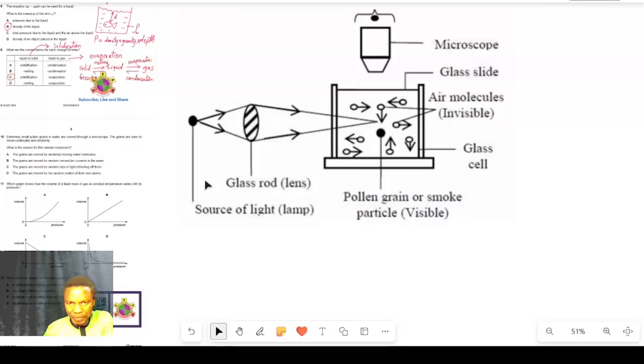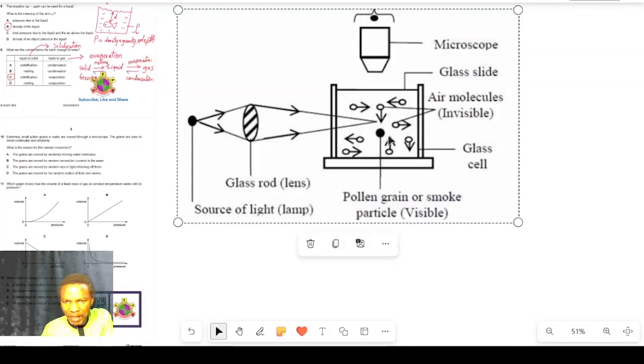You have a microscope. You have the slide, then you have pollen grains put on top of the water, and you shine light from the source, from the side of the slide, into the microscope.